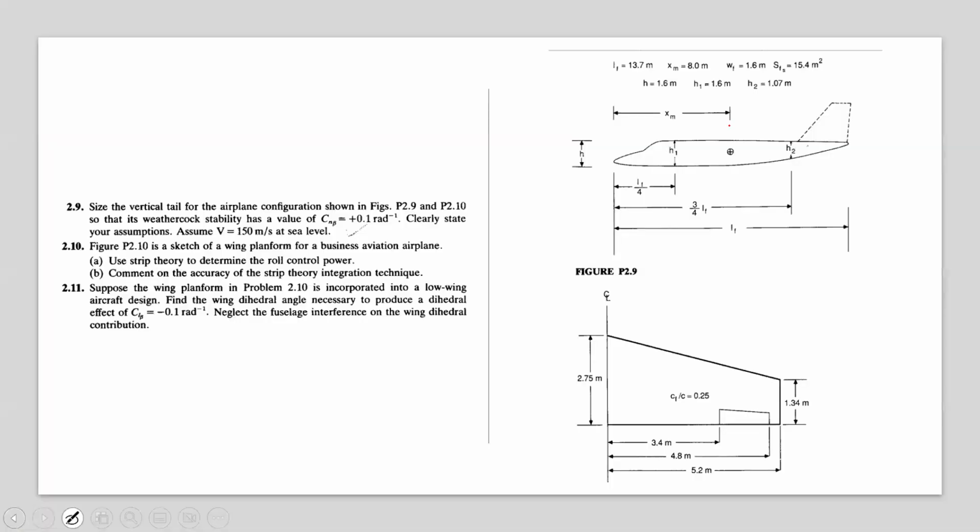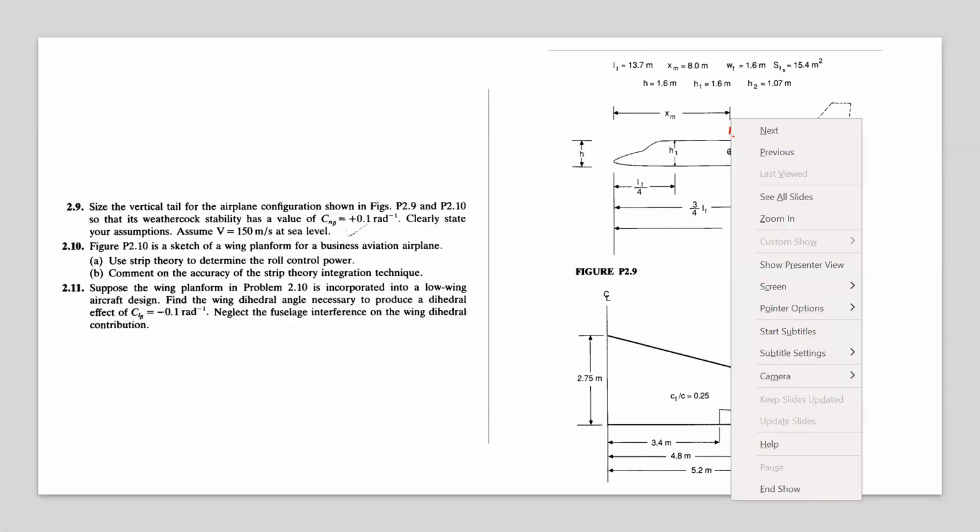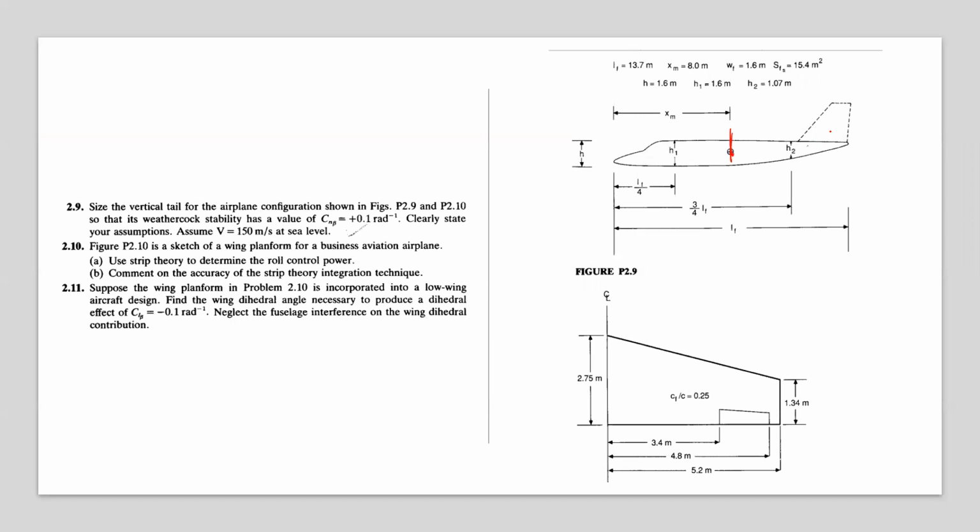If you look at the side view of the airplane, then from this point to where the aerodynamic center of the vertical tail lies, this distance.